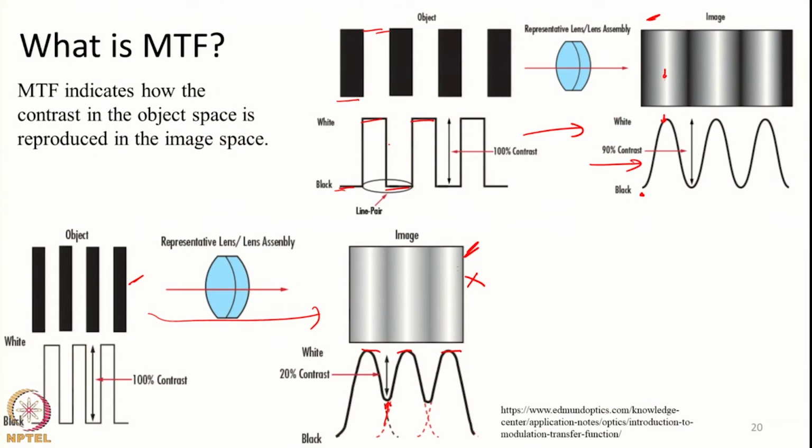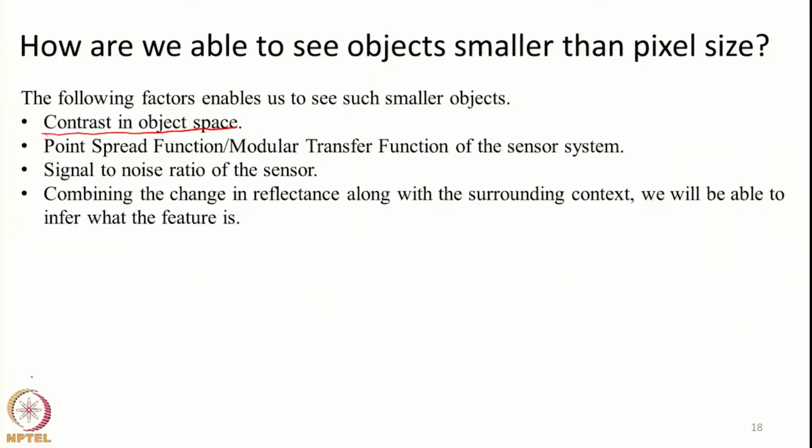So, our ability to identify the objects will also depend on the MTF of a system. So, these two characteristics, point spread function and MTF, will together define our ability to see smaller objects in the object space.